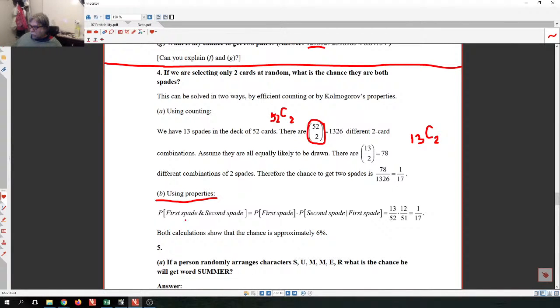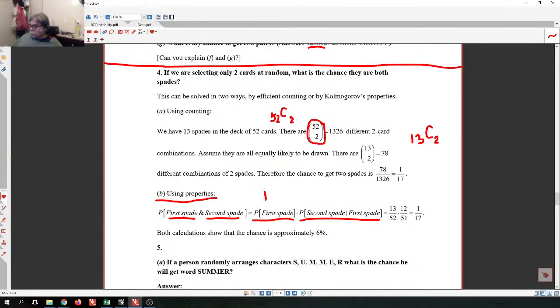So this is probability of A and B, when A is the first card spade and B is second card spade. We know that by property 6 of probability, you can calculate this by multiplying the probability of A times the probability of B given A.